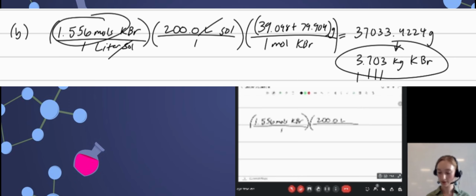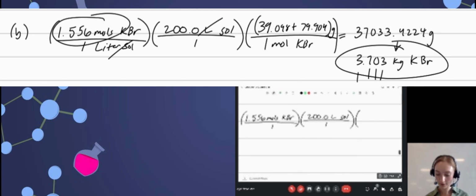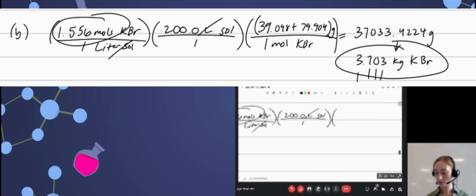So we have 200 liters of the solution, and then, since that's what we know so far, now we're going to multiply it by the molar mass. And so since we have, right here, liter of solution, these liters of solution get canceled out, so we have moles here. And so we'll put 1 mole of KBr on the bottom.